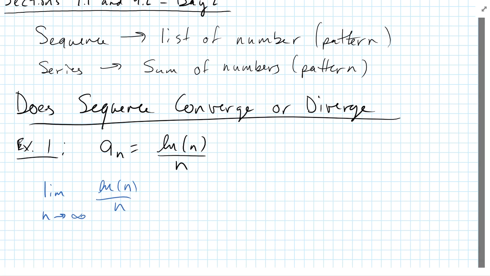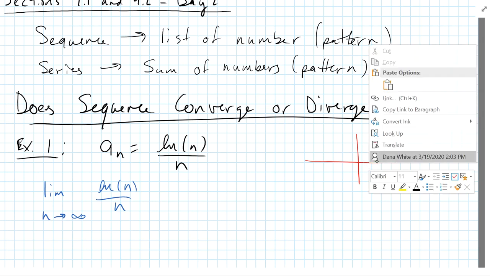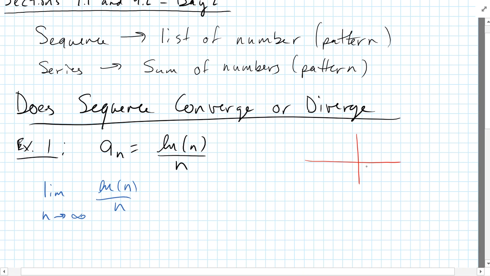And we know from the graph of natural log of n, as we approach 0, we go to negative infinity. As we go to infinity, we approach infinity. So the top is going to go to infinity. Well, the bottom's also going to infinity.